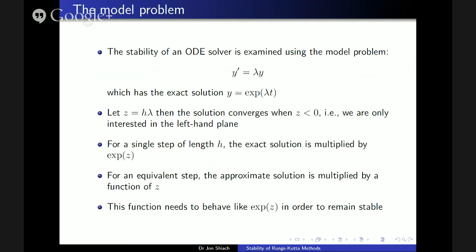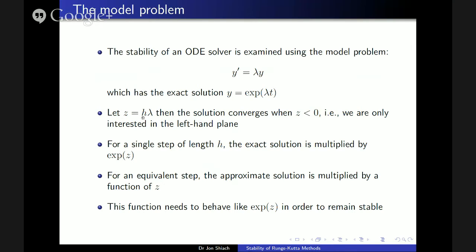So we're looking at values where this thing in the bracket is negative. The exponential function of a negative value tends towards 0. The more negative you get, the closer y should get to 0. So we're only interested really in the left-hand plane. By plane, I mean the complex plane, with the real numbers on the horizontal axis and the imaginary numbers on the vertical axis.